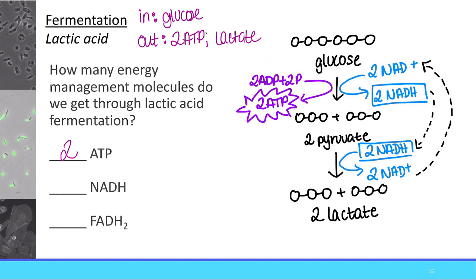We just said that we get 2 ATP, 0 NADH, and 0 FADH2. Again, the NADH is recycled and regenerated to make NAD+ for the same reason as in alcohol fermentation. If we didn't do that, glycolysis would stop.